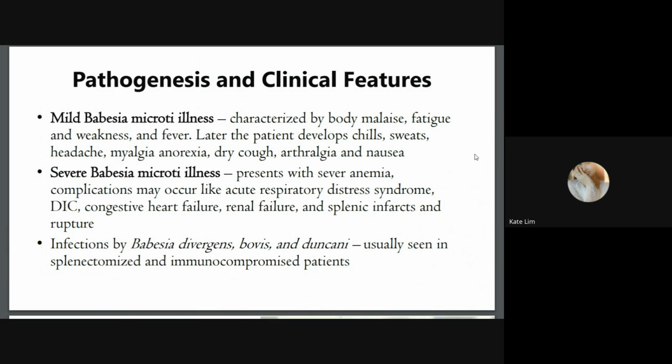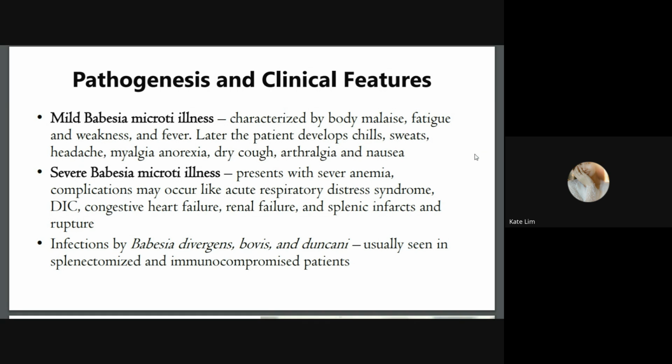These are due to the destruction of the red blood cells. Your parasites also cause the destruction of RBCs and the inflammatory response it triggers. If there's destruction, we have the immune and inflammatory response to mediate it.